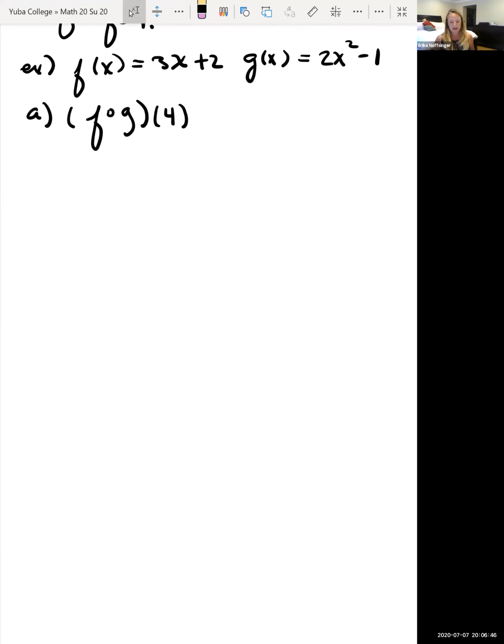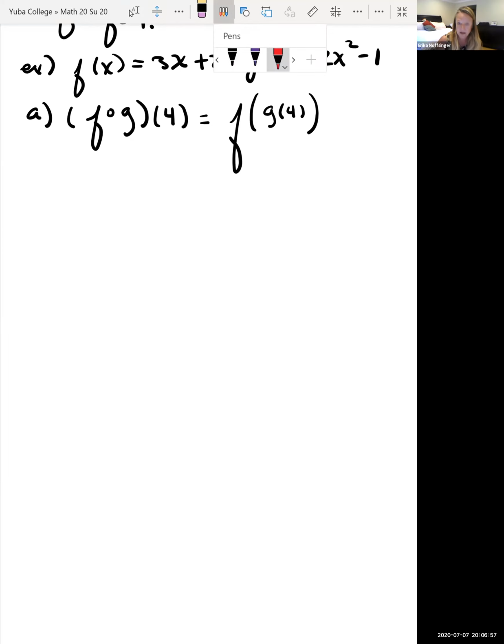I tend to like to write it the other way, and we can write this again as f of g of 4. So work inner and then outwards, and so g of 4.